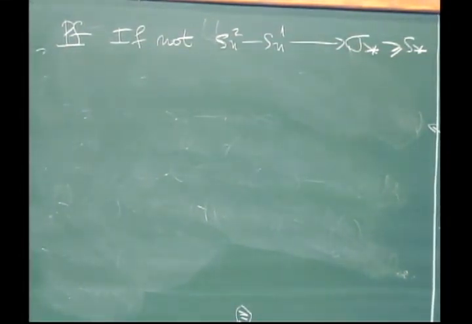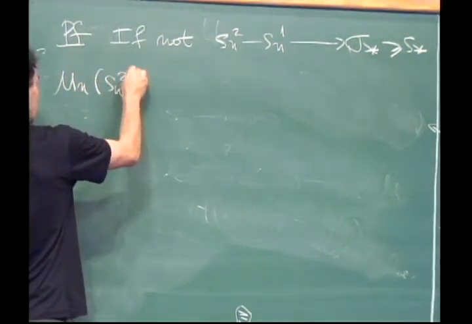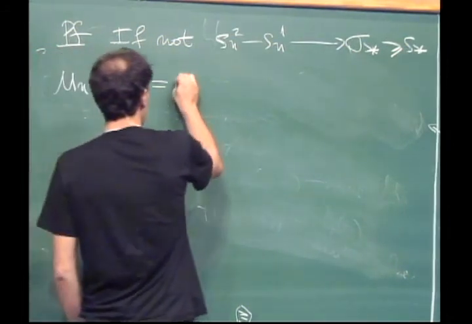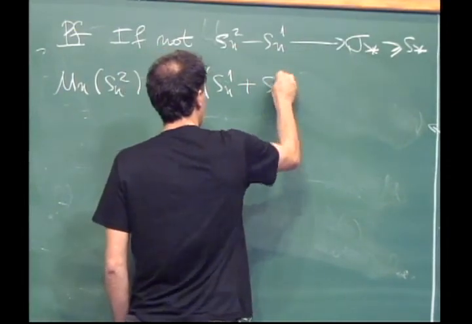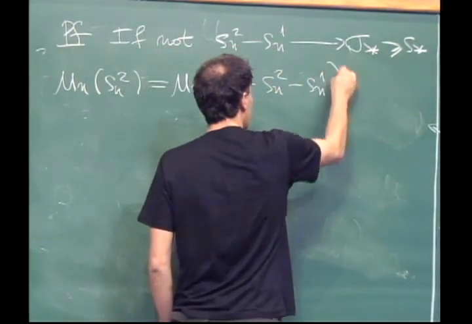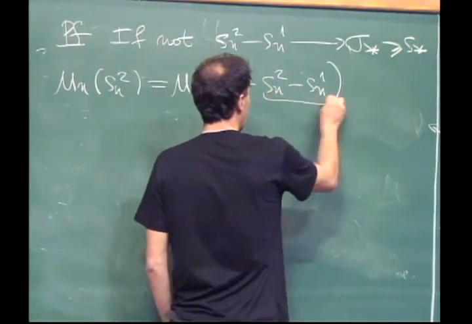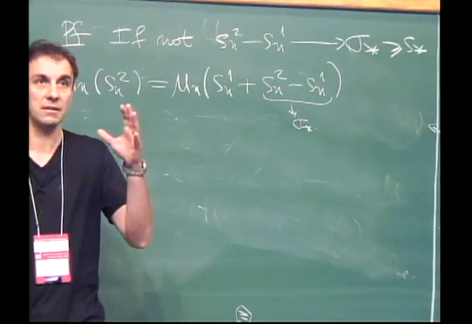And then we consider this UN of Sn2, right? And we write it like UN of Sn1 plus (Sn2 minus Sn1). And then we use the first convergence, because the first convergence was C infinity log, and this one goes to sigma star, so it's in a fixed interval.